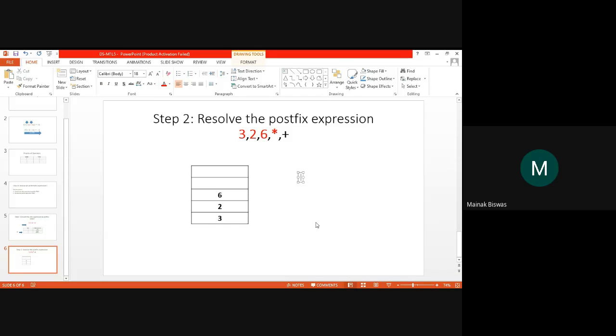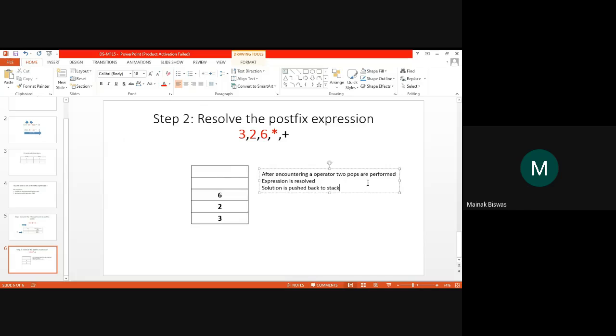So after encountering an operator, two pops are performed, the expression is resolved, and the solution is pushed back to the stack.